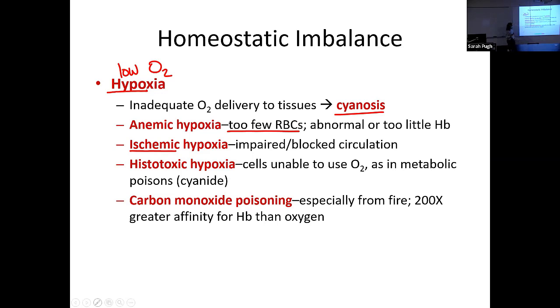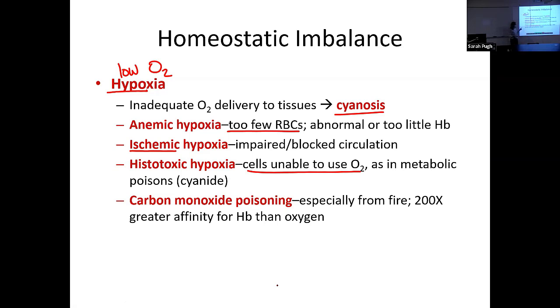Histotoxic hypoxia. This is when your cells can't use the oxygen that's present. A lot of times this will happen with metabolic poisons, things like cyanide. You might have enough oxygen present, but you're not able to use it. And then another one is carbon monoxide poisoning.